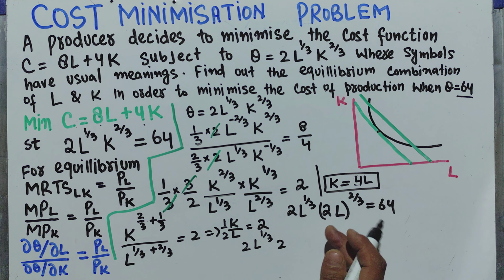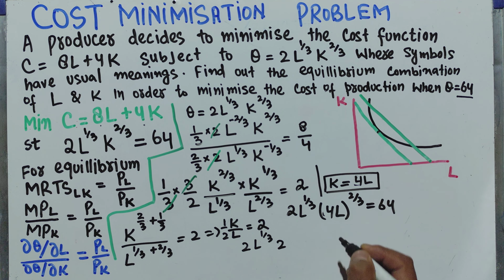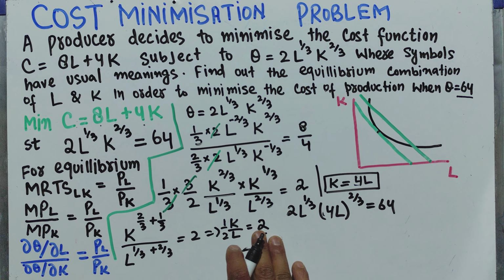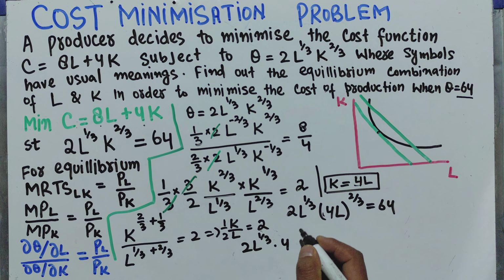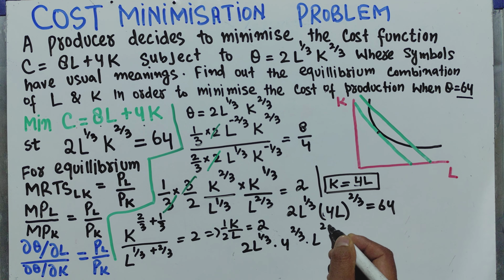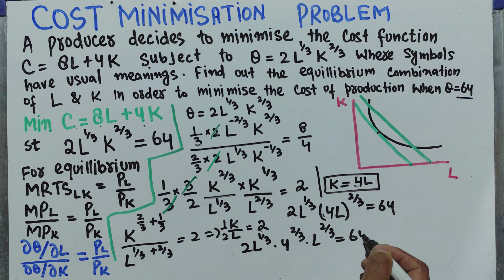So we have twice L raised power 1 upon 3. Here we have 4 raised power 2 upon 3 times L raised power 2 upon 3 should be equal to 64.